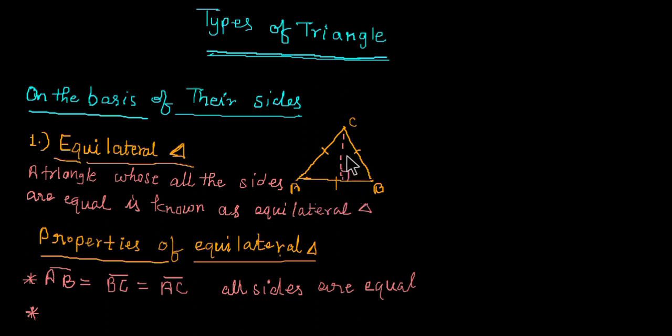Let's say it is perpendicular at the point D. So we can say that AD is equal to DB, the line segment AD equal to line segment DB.